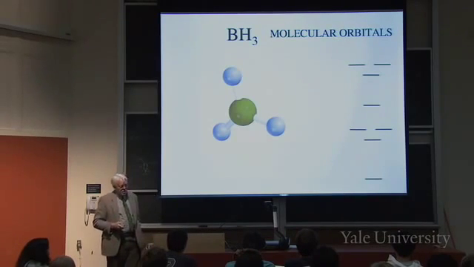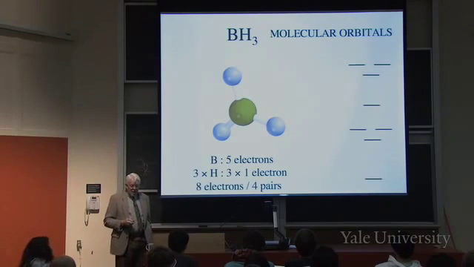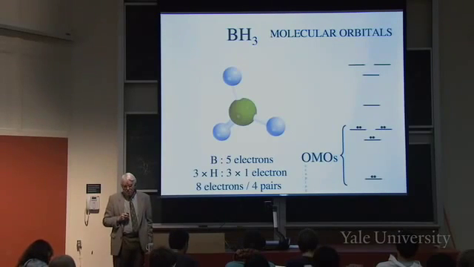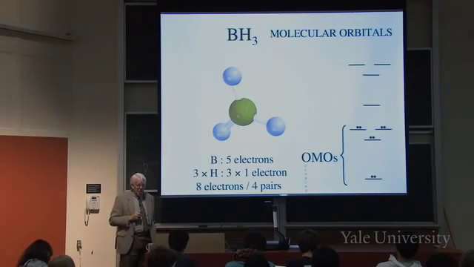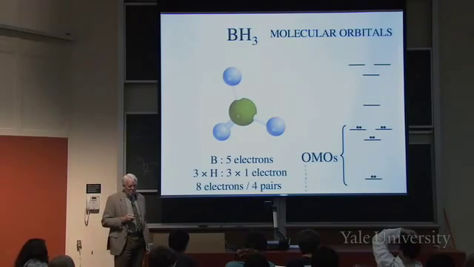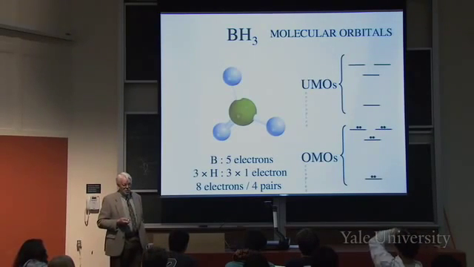Boron has 5 electrons, hydrogen has 3, 8 altogether. So there will be 8 electrons, 4 pairs, and that means 4 occupied orbitals. We don't care so much about the others. So those are the occupied molecular orbitals, OMO. And from this set of atomic orbitals, there'll also be 4 unoccupied molecular orbitals, UMOs.